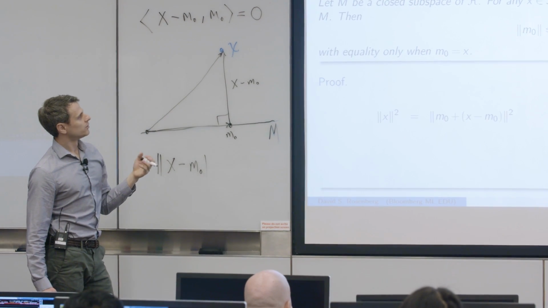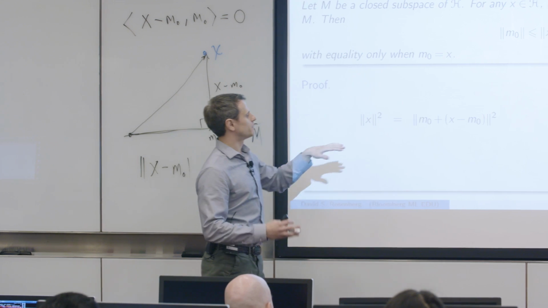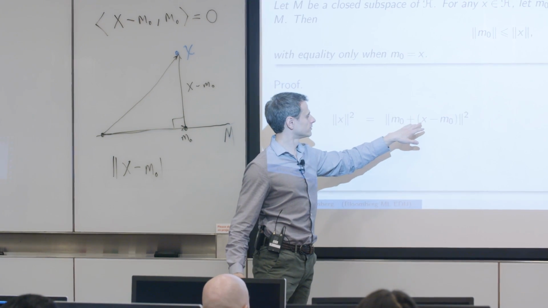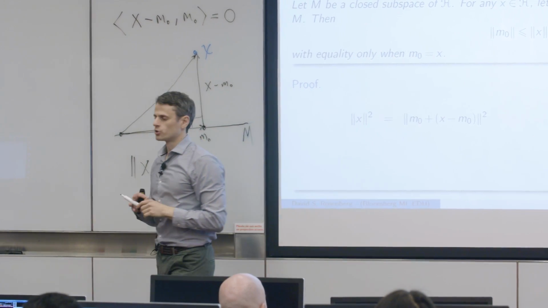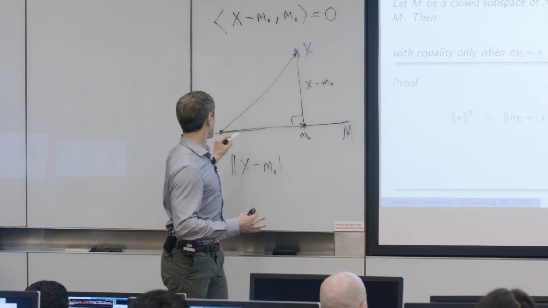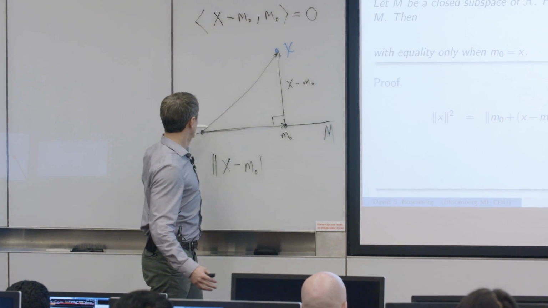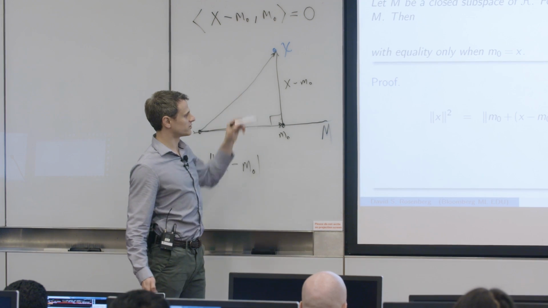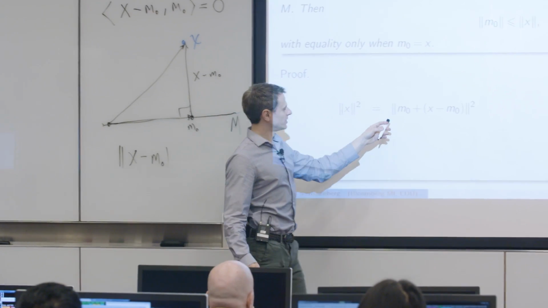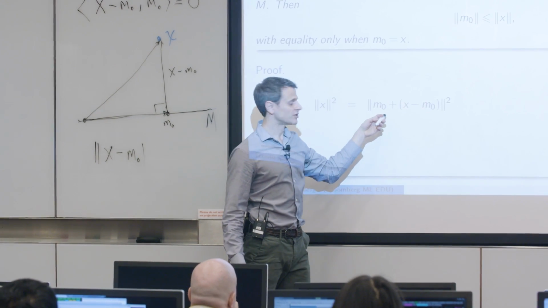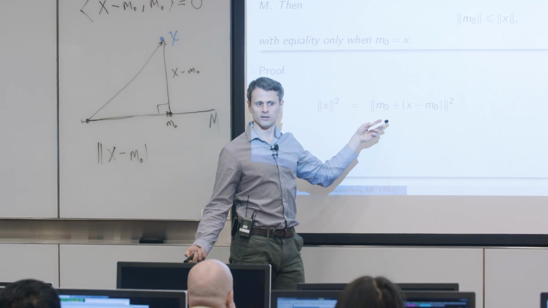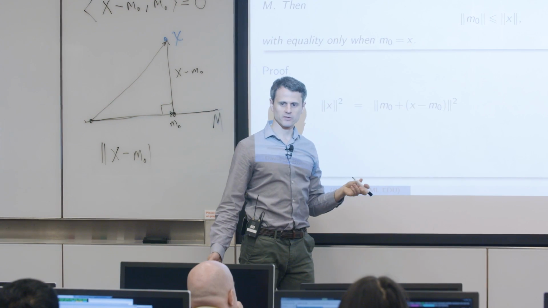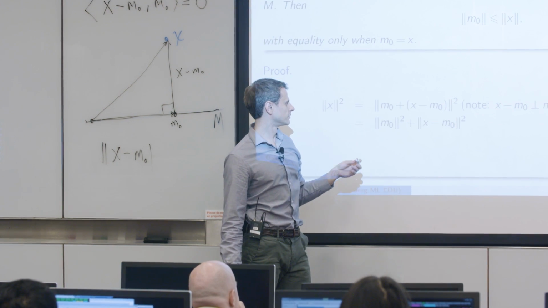But now we've taken M0 to be the projection of X onto the subspace. So what do we know about X minus M0 and M0? They're orthogonal, so their inner product is 0. Great. So here's the squared norm. Let's rewrite that as the inner product of this thing with itself.